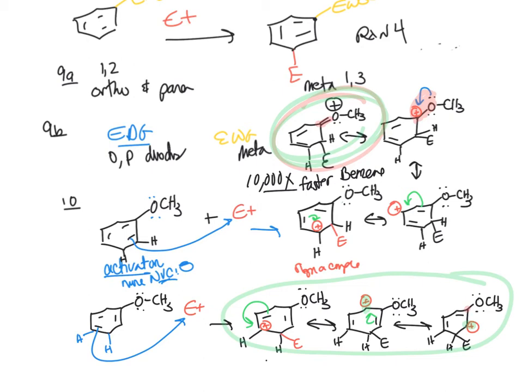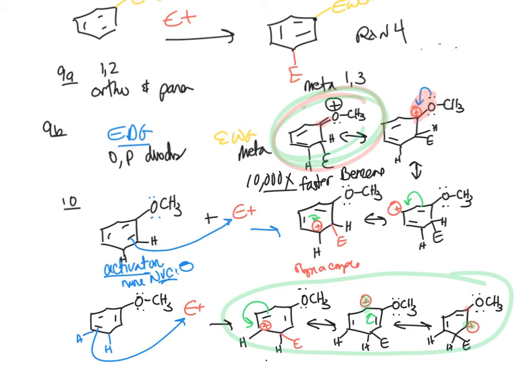So let's see what the question is. For 10D, what is the main difference between the resonance forms drawn for the ortho product compared to the resonance drawn for the meta product? Okay, so we just circled that one where the positive charge is on the oxygen. Would you expect there to be any difference in energy between the sigma complex and the ortho product and the sigma complex and the meta product?